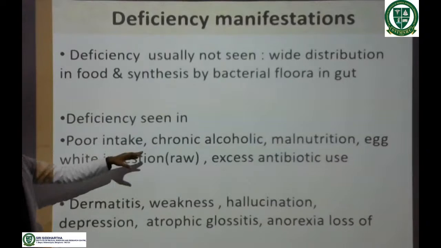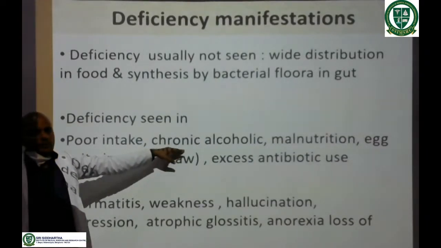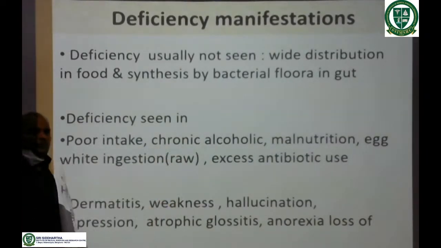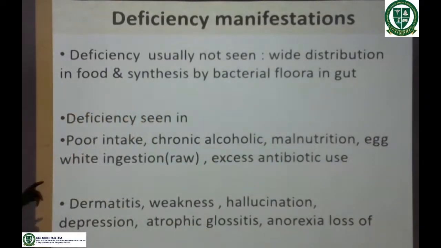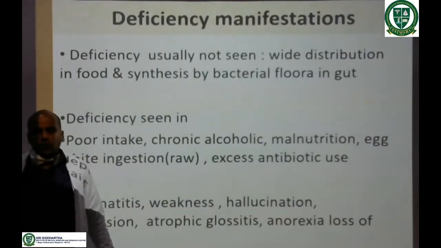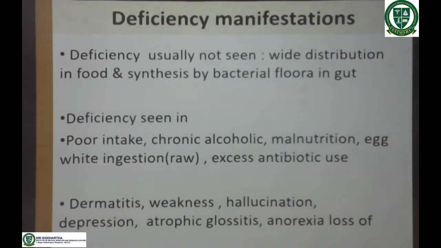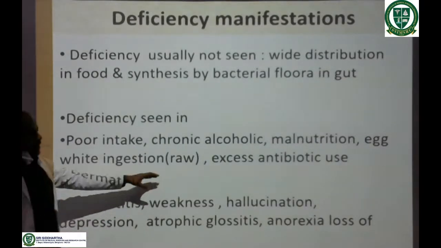Or a chronic alcoholic patient, where there will be defective absorption of biotin through the intestine, or else malnutrition, or ingestion of raw egg. Ingestion of around 20 raw eggs per day may lead to biotin deficiency. I will tell you what the effect of consuming raw egg is. Or else excess use of antibiotics.